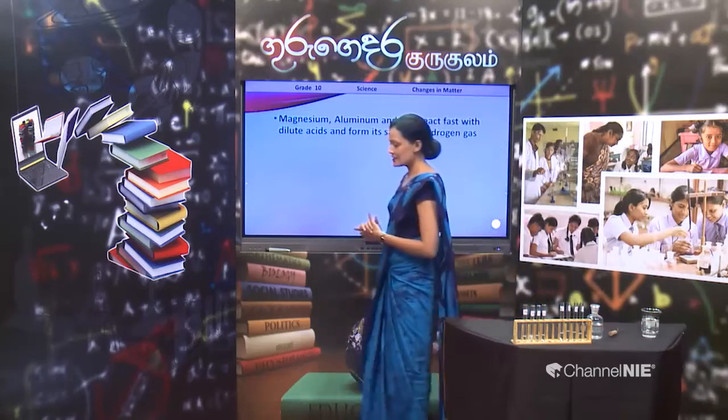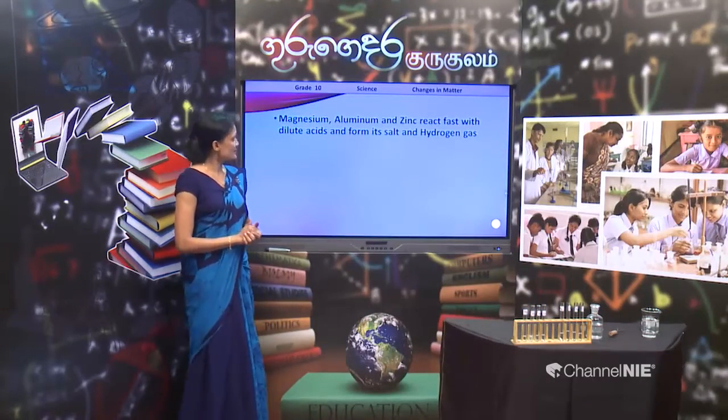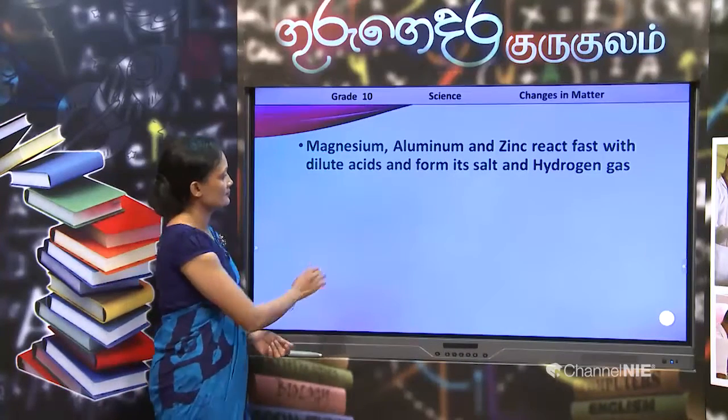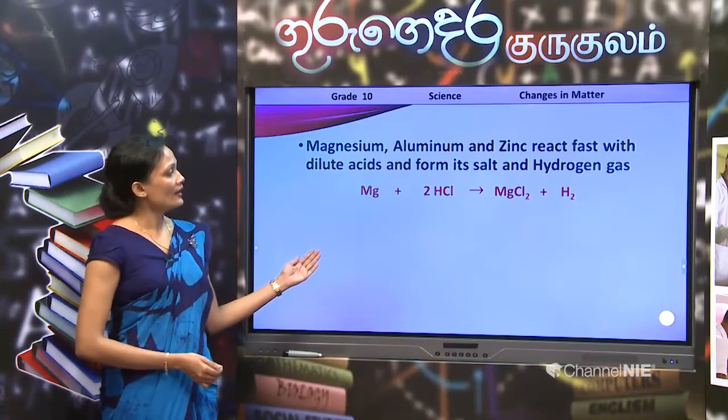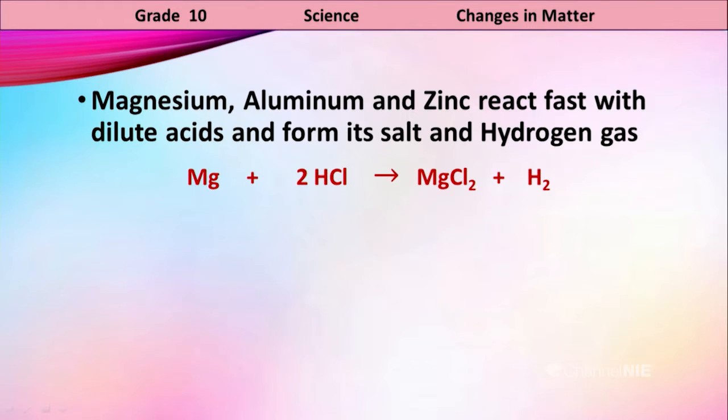Okay, look at this. If we consider magnesium, aluminium, zinc-like metals, they react very fast with dilute acid and form its salt and hydrogen gas. Here, how does magnesium react? Magnesium reacts with hydrochloric acid and forms magnesium chloride and hydrogen gas.